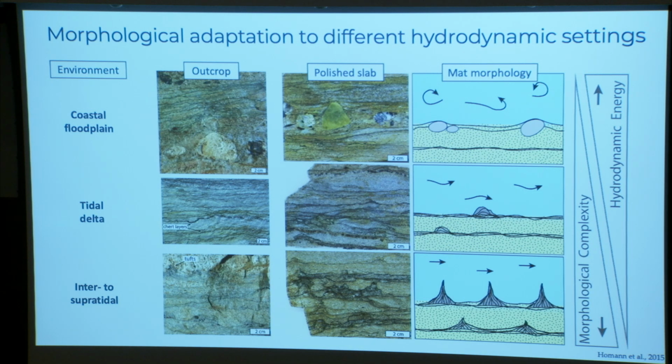And this is again another indicator for the biogenicity of these structures, because you would expect that microbes or microbial mats adapt to the environment in which they were living. And they must have been, of course, sticky enough to not be eroded. So once again, a proof of their biogenicity.